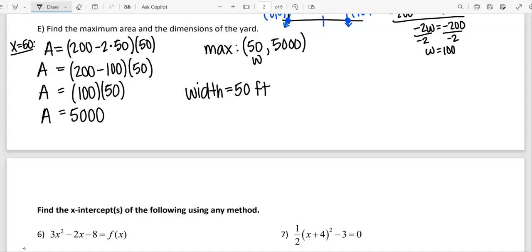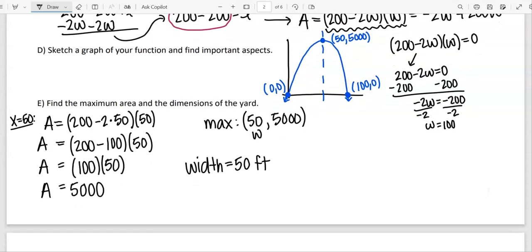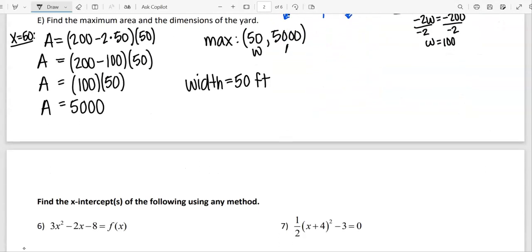And then what's 5,000? It'd be the output to our equation, or what it's equal to. Right? A. Yep, so this is area. So max area is 5,000 feet squared.